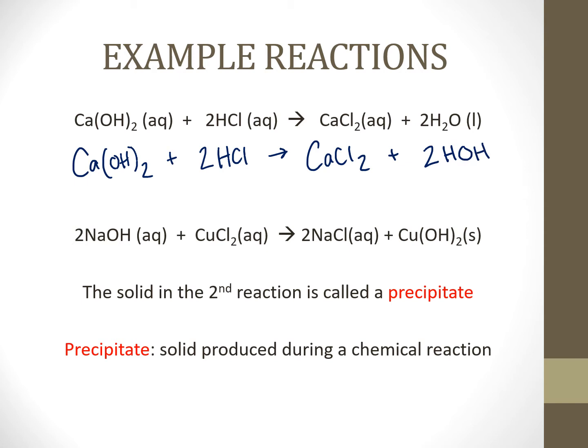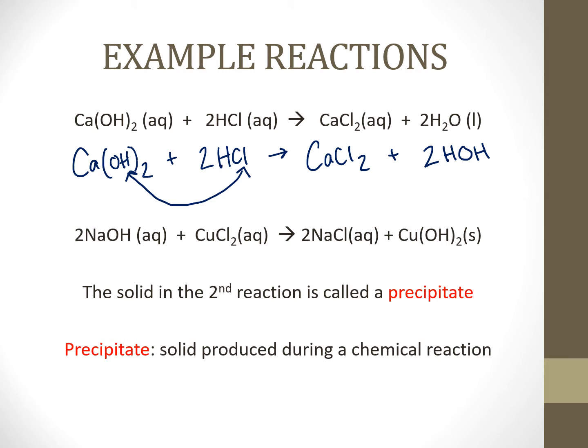So here, what happened was I just wrote the water as HOH. You had the chlorine and the OH switch places. So then the chlorine was now combined with the calcium, hydroxide was combined with H, but HOH is really just H2O. So if you leave it as HOH, it's okay, but you should probably rewrite it as H2O.